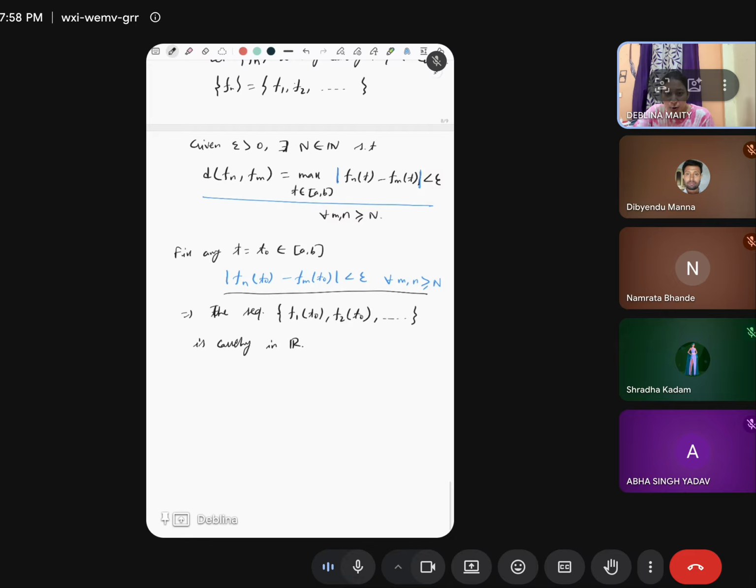This sequence is Cauchy in R, and R is complete.